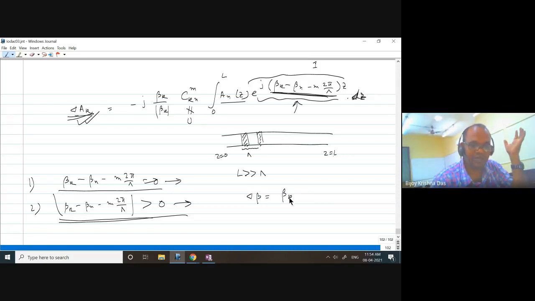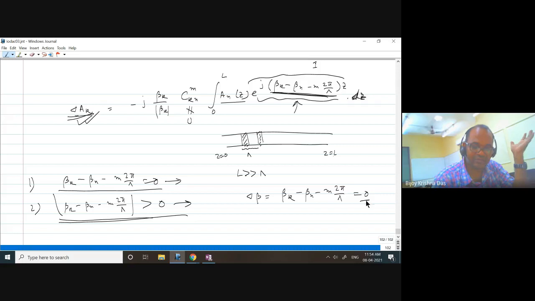If this delta beta equals beta K minus beta N minus M times 2 pi by lambda is equal to 0, then you can expect that the kth mode will evolve some value. It can plus or minus some value will be there. That means the nth mode and the kth mode are somehow coupled.